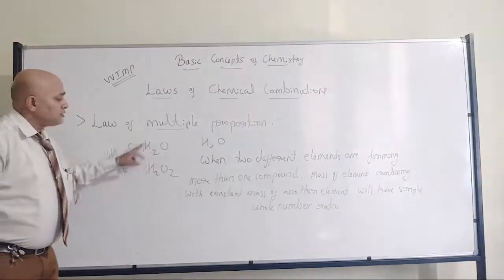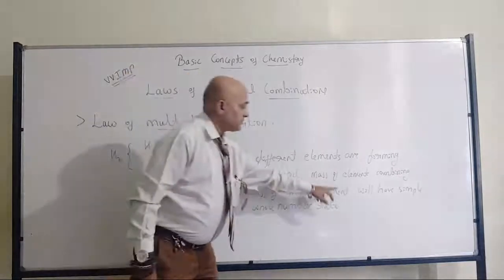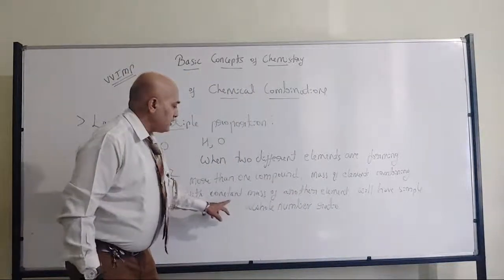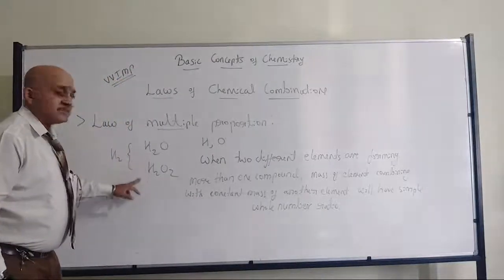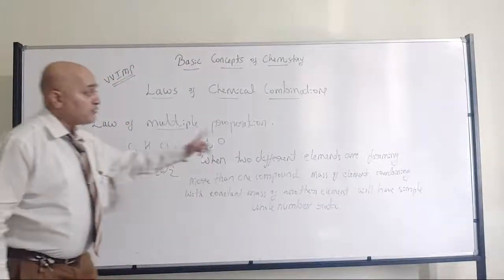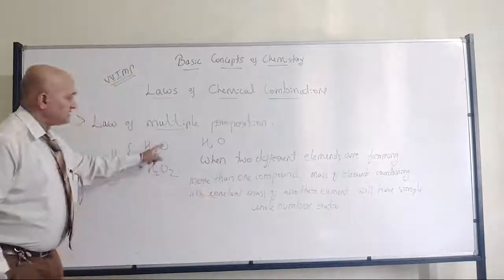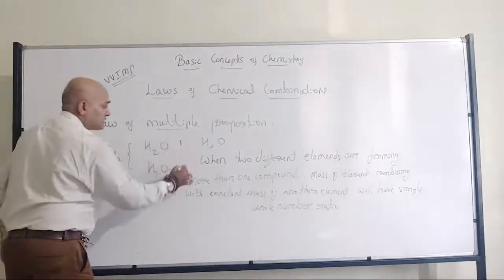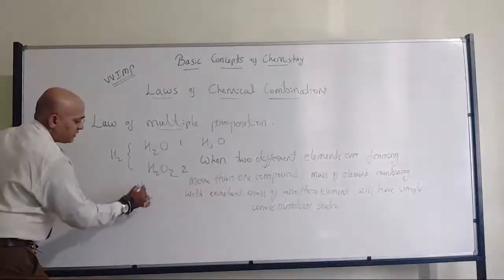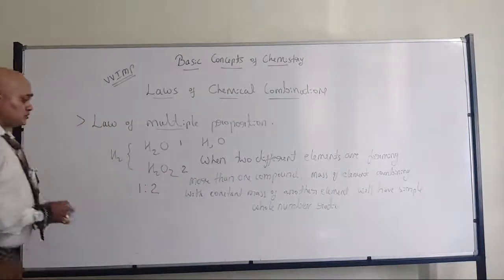So hydrogen is constant, and the one that forms the simple whole number ratio is oxygen. Here it is 1 oxygen, here it is 2 oxygen. Therefore, the ratio is 1:2.